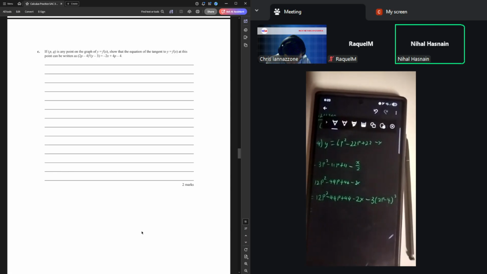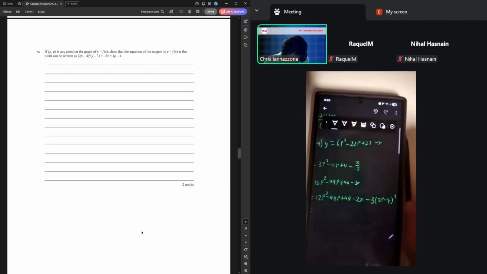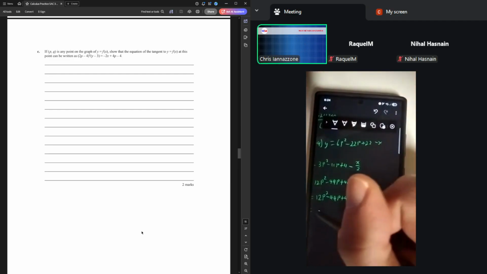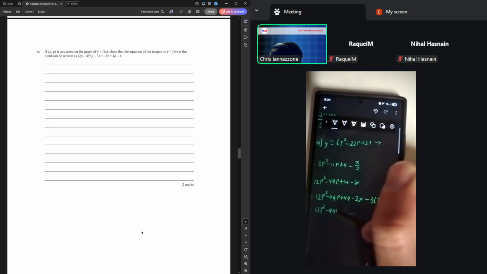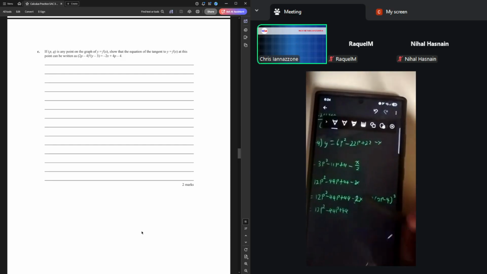So let's go (2x) all squared. It's going to get us 4x squared times 3. Yeah, okay. Cool. This looks like it's going to work. That was a nice idea. So 12p squared minus 44p plus 44 minus 2x, and then expanding this bit out.